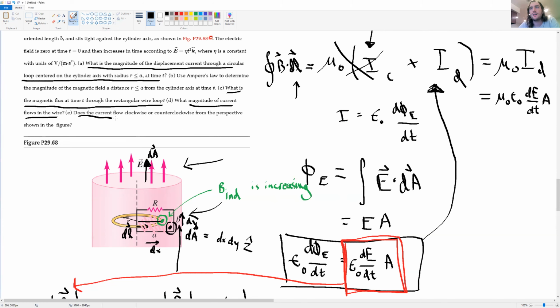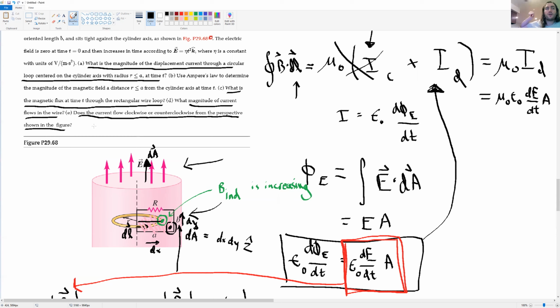The next is, does the current flow clockwise or counterclockwise from the perspective shown in the figure? Okay. So if we have a magnetic field induced in this loop, the circuit loop that we can see on the screen there, the black wires with the hot pink resistor, the magnetic field is increasing. The induced magnetic field is increasing. So there's a doubly induced magnetic field that goes against that increase.